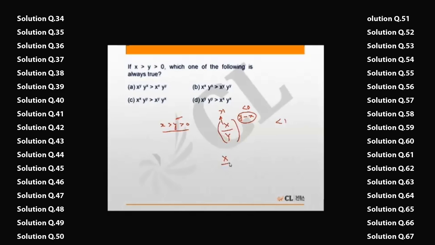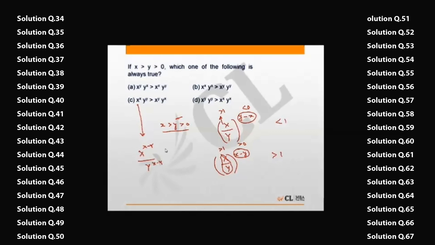The same thing if you look at x by y to the power of x minus y, you will find that x by y, since x is greater than y, is greater than 1 and this exponent is greater than 0, hence you find that this expression here will be greater than 1. So among the choices that we see, choice C, when simplified, gives you x to the power of x minus y by y to the power of x minus y.